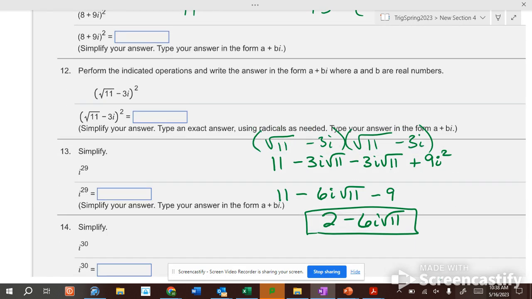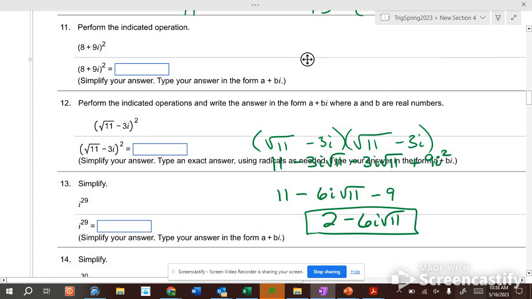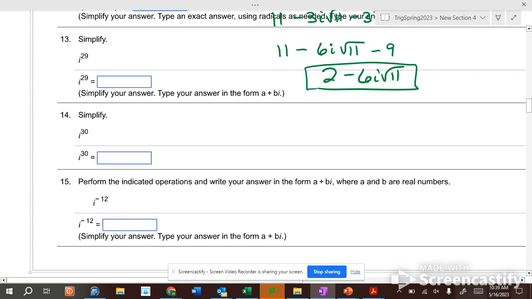Okay. i to the 29th power. Ooh, what is i to the 29th power? Well, every 4 terms of i repeat themselves.